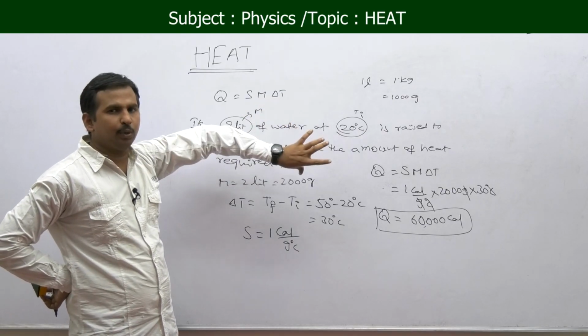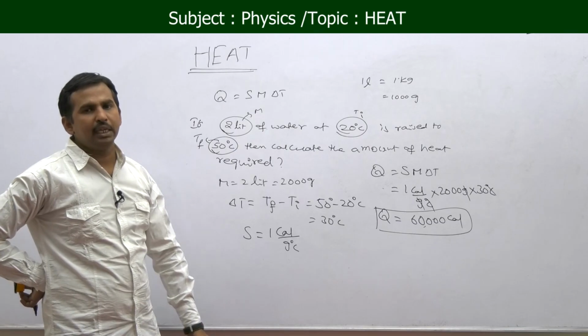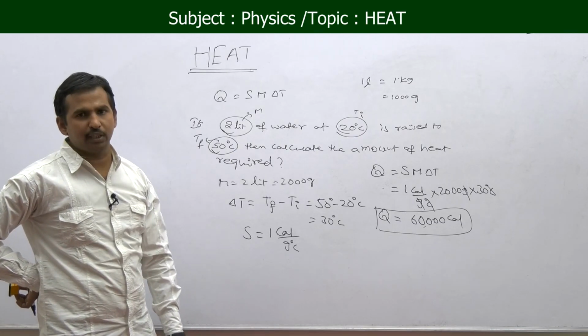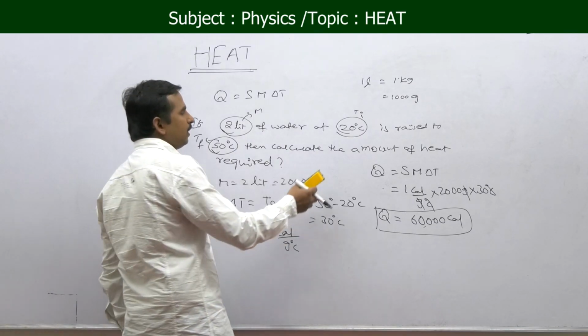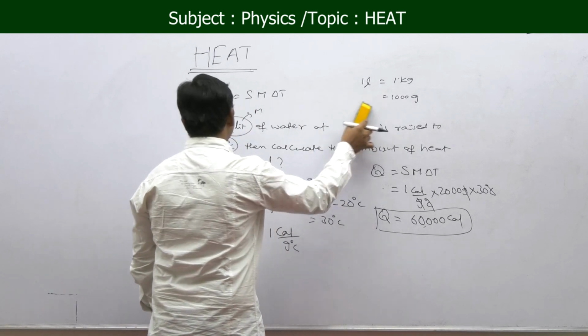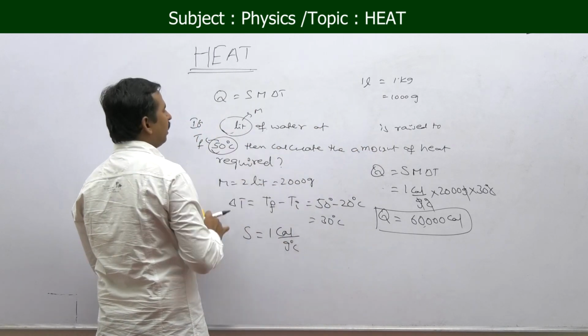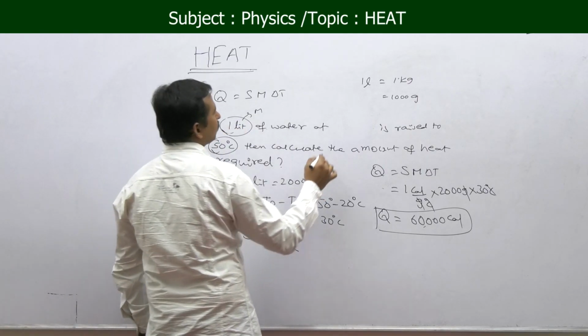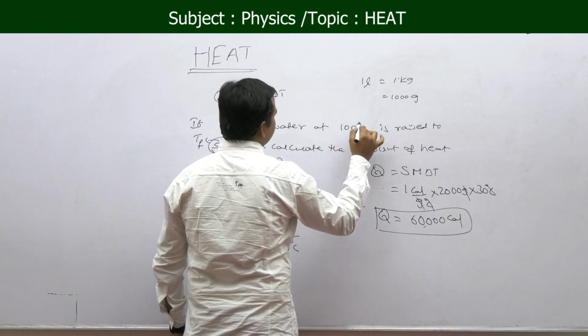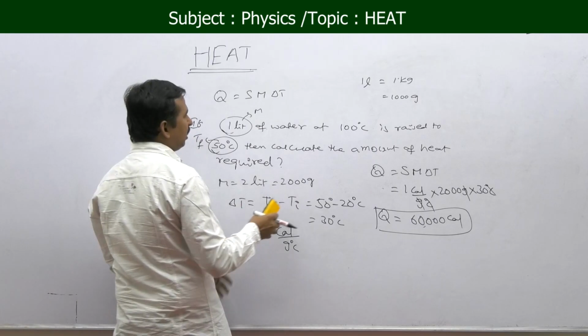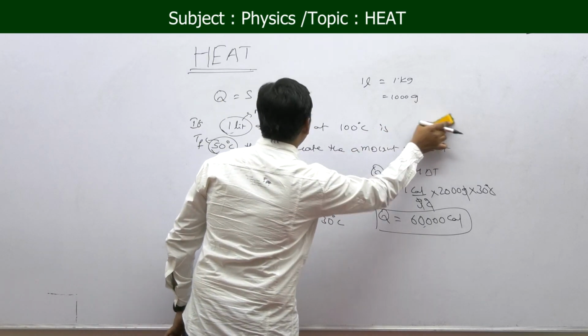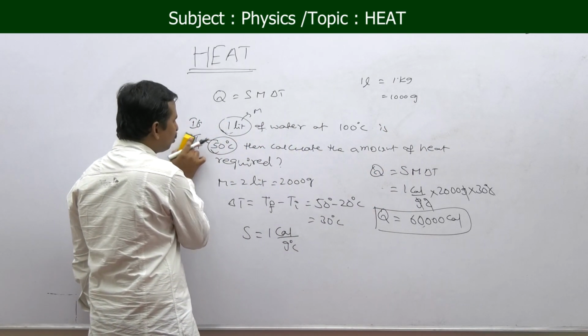Now in the same problem, suppose there is a fall in temperature. How does it work? Let us suppose I am taking 1 liter of water at 100 degrees Celsius, and now it is falling in temperature, which means it is cooled.